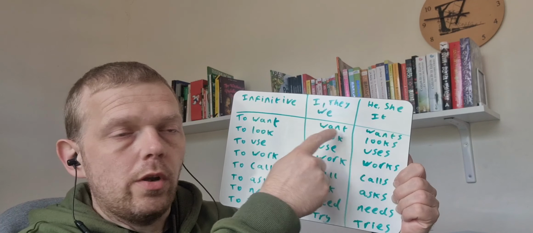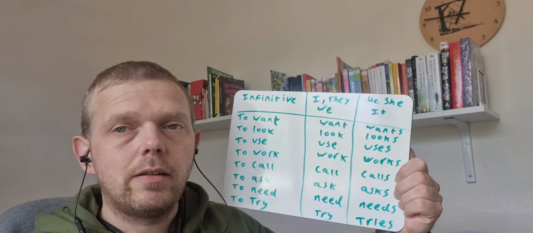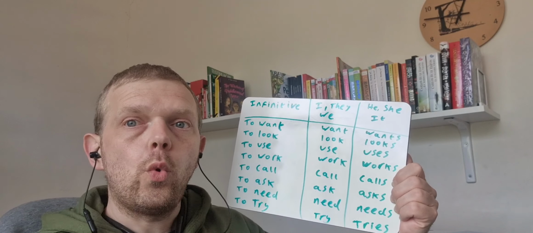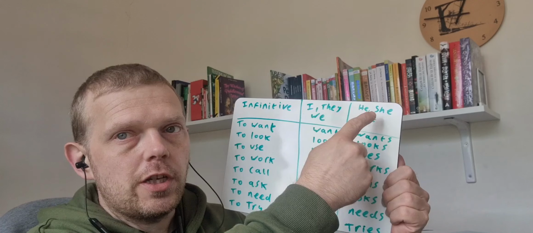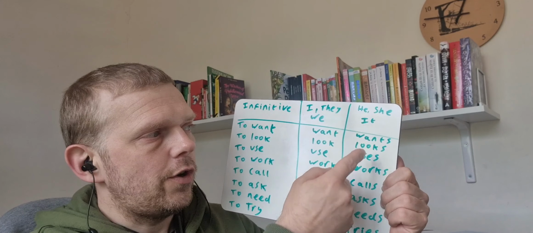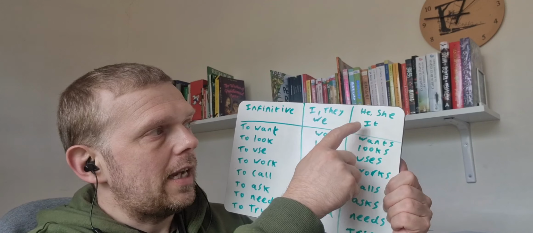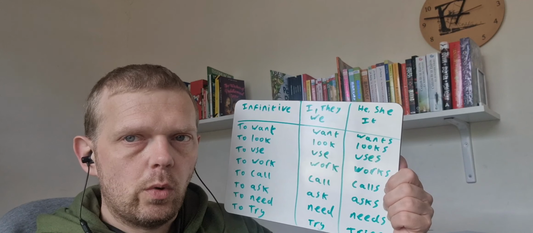It's the same word. Want. To want. I want. They want. We want. For he, she, and it, you add an S at the end. He wants, she wants, it wants.